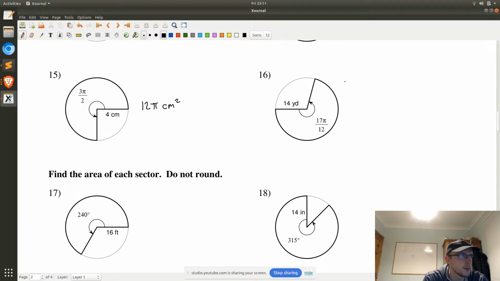Seventeen over 24. I think is it really, unless I'm messing this up. 833 over 6 pi.